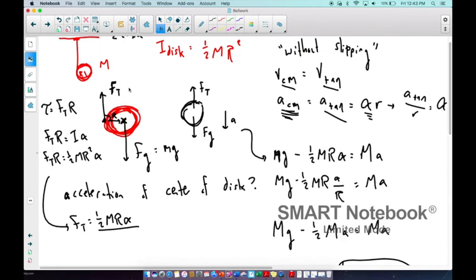I am analyzing the object extensionally. I'm looking at it in terms of what's happening to it based on where the forces are, and that is going to get me a torque analysis. And ultimately that got me here. And then I analyze the object again in terms of what's happening to it translationally.